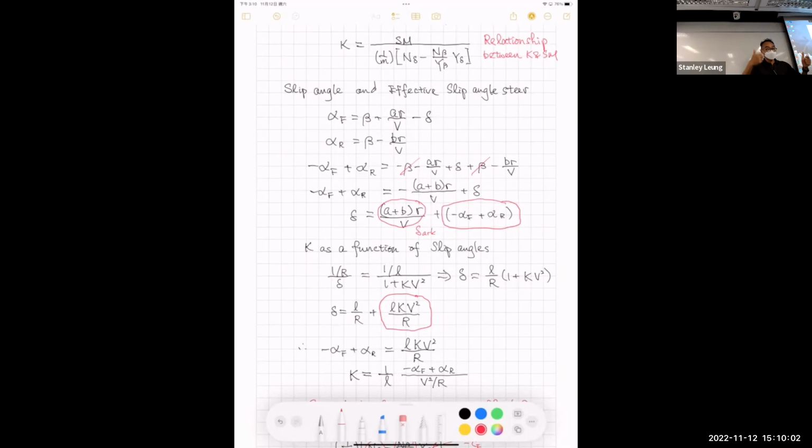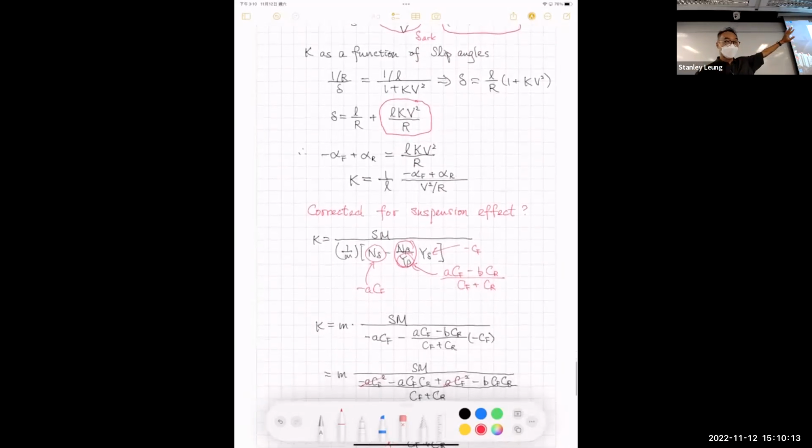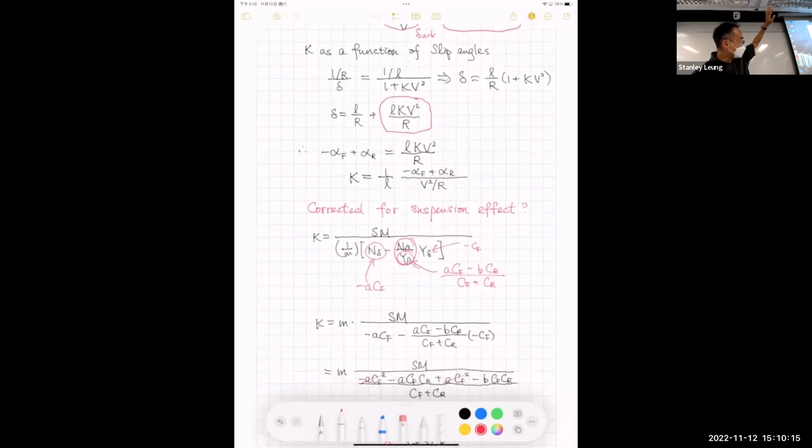But how fast the spin is, we haven't talked about. Now we try. Do you understand the whole picture? I mean the math itself, blah blah blah. Maybe you lost track on that, but still, why do we talk about SM and K? SM and K tell you which direction the spin is.